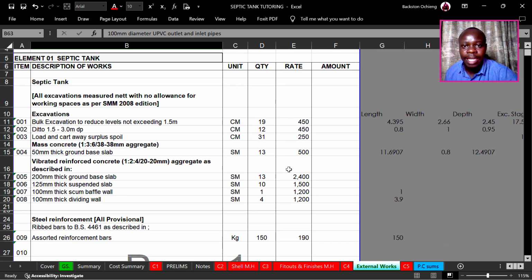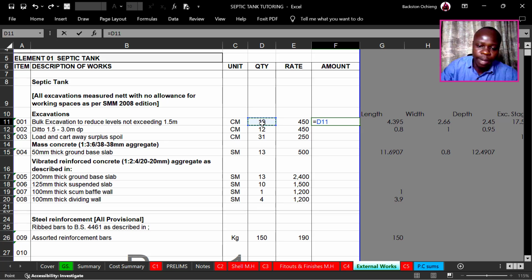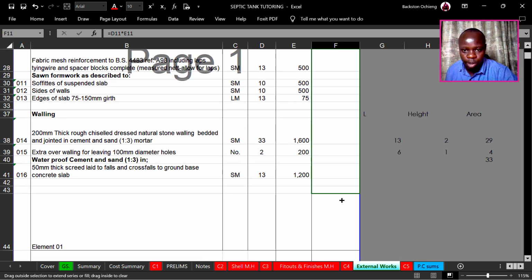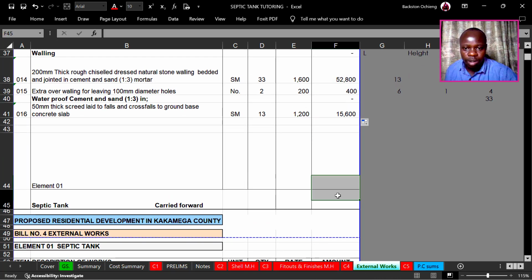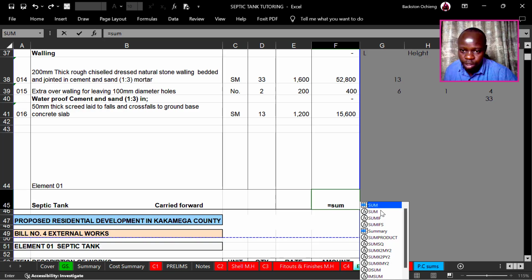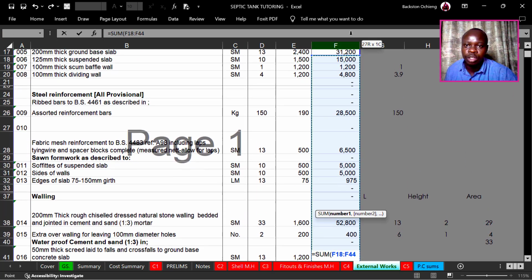All right, then lastly, let's get now the cost for this. Multiply the quantity times the rates, then we see how much we are coming up with. Then we do the sum of that. We just add all this section.